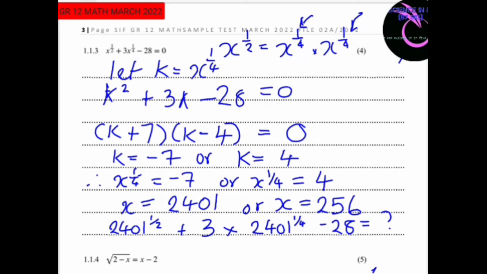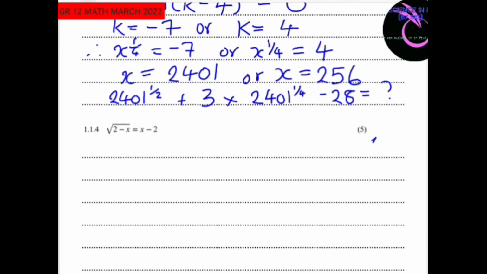So the answer is 0, which means 2401 is an answer. You can also check with 256. See if your answer comes to 0 on the left hand side. If your answer is coming to 0 on the left hand side, then it means that your answer is actually correct. Okay guys, moving on to the next question.